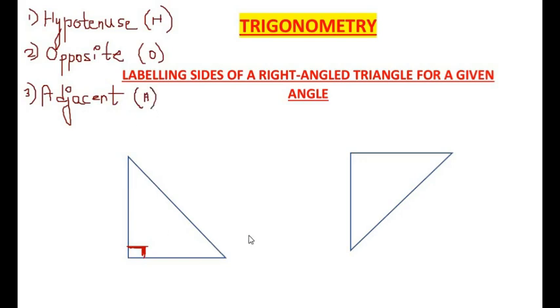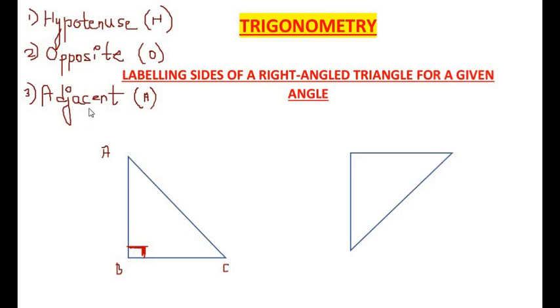Let us look at the first right angled triangle. Now let me give the names here as A, B and C. Now how do we mark the hypotenuse, the opposite and the adjacent? Remember, always start by marking the hypotenuse first. That will make things easier.